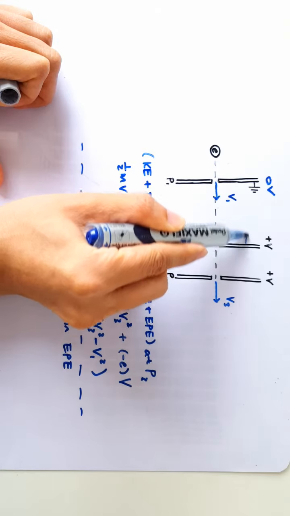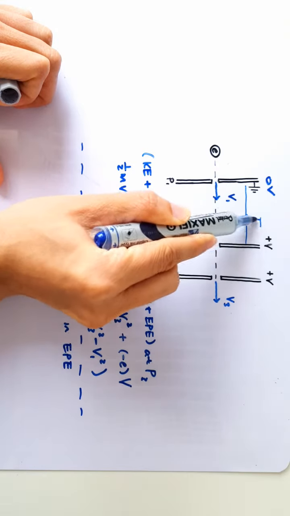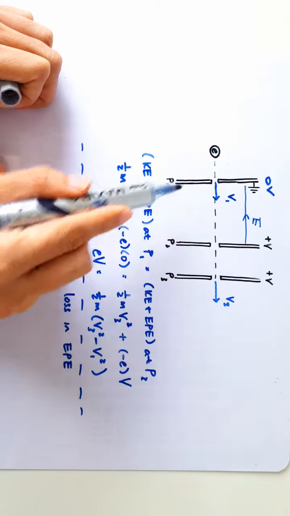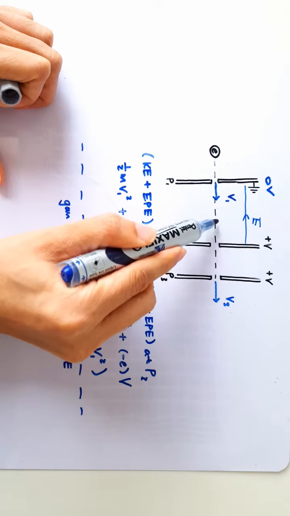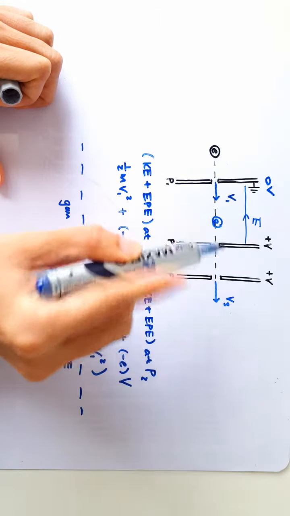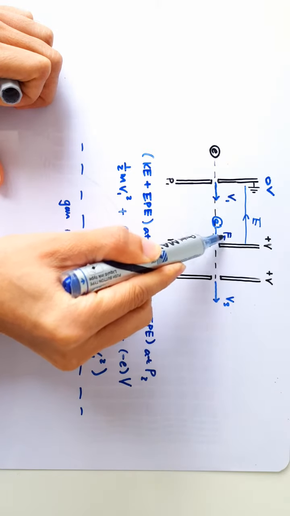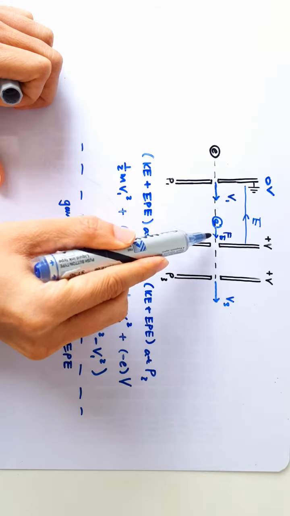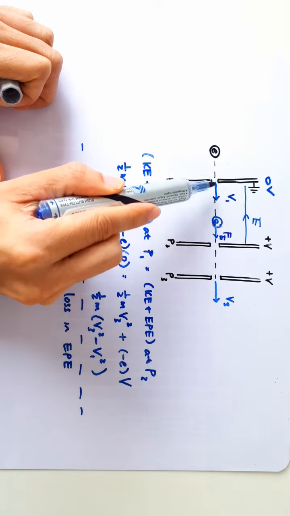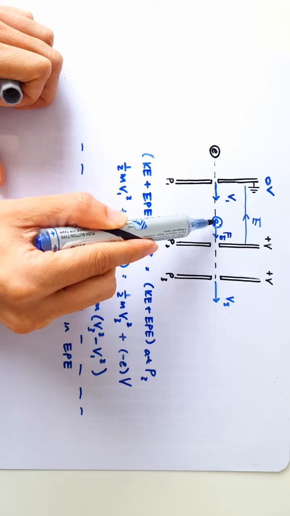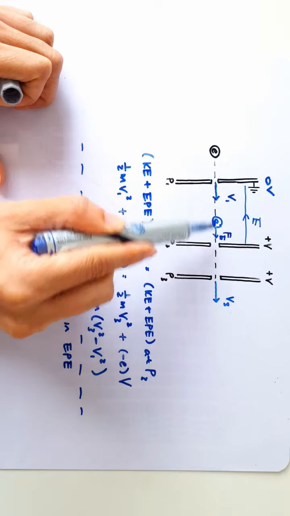So there's going to be an E field directed towards the left. And because you are an electron, you are going to experience a force that's in the opposite direction to the E field. So the electric force experienced by the electron is going to be rightward. So between these two plates, it's going to experience an electric force that's going to accelerate it.